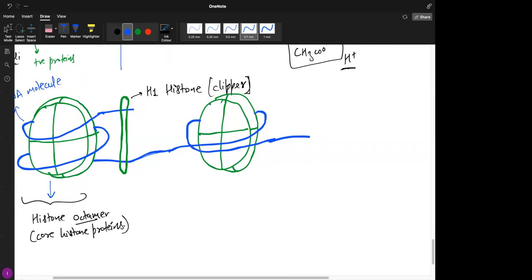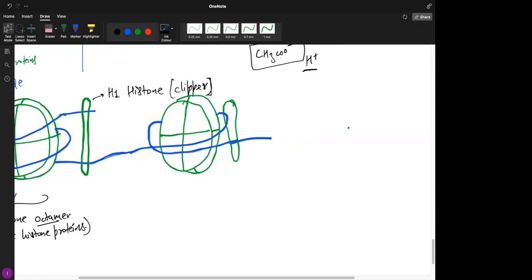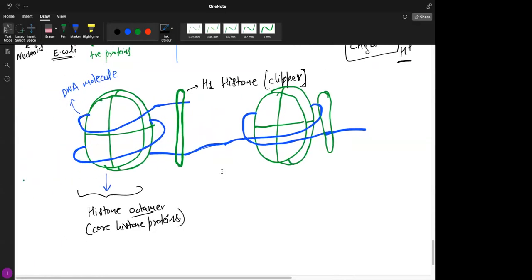And again, you will have a clipper molecule, which will clip these 2 ends together. And the same thing will continue. Everyone, do you understand?